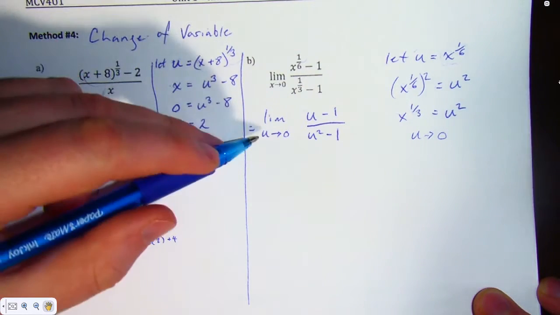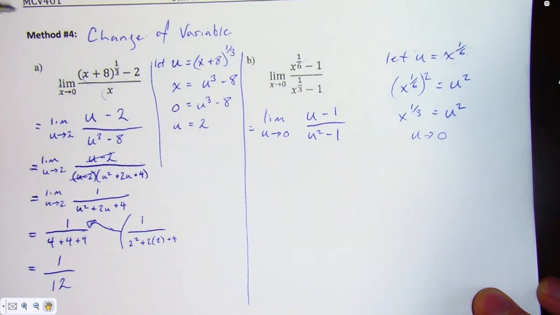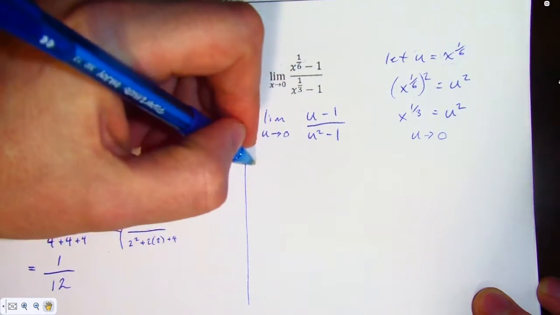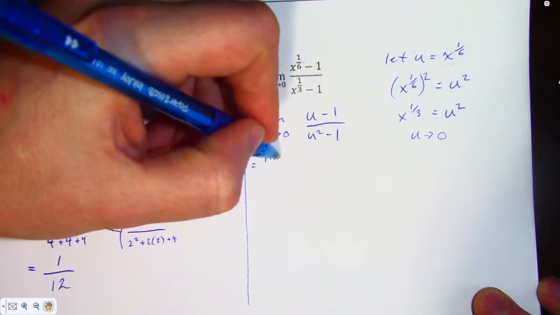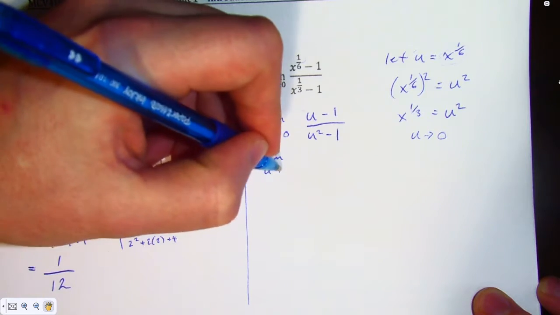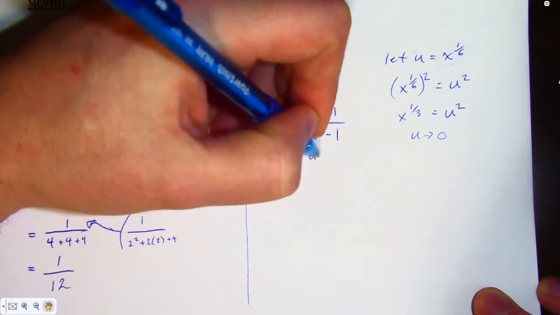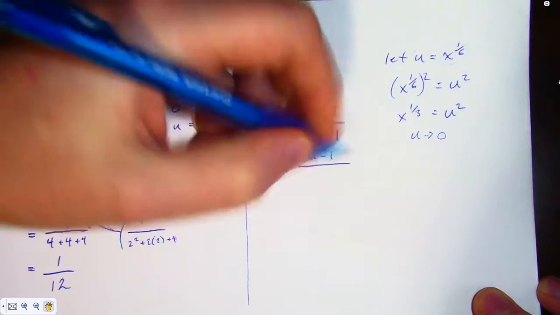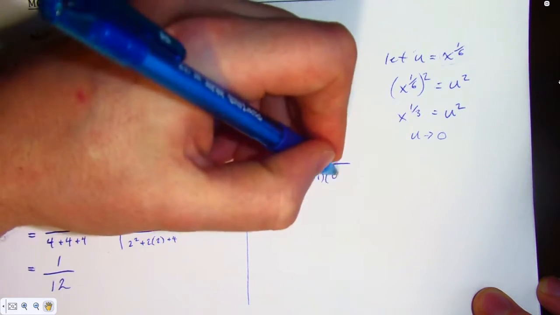Even though this looks more complicated than the first one at the beginning, it actually ends up being a little bit simpler, because the factoring is a little more obvious here. It's just going to be a difference of squares. So we're going to have u minus 1, u plus 1.